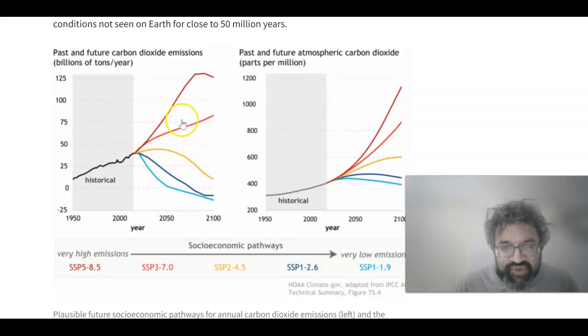The top two, the bottom ones, are going down too, but still very high. These are all future predictions, by the way, based on currently what's going on in a different model. So that's the gist of what is being described here. Lower socioeconomic status, lower pathway, then higher the carbon dioxide emission.